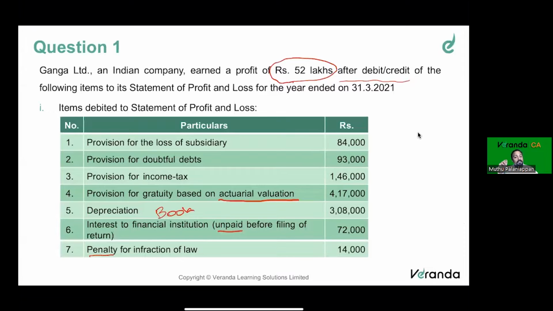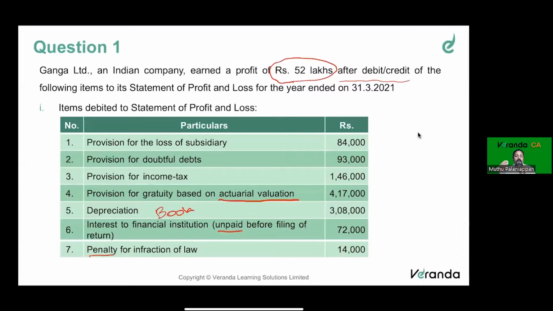We're going to start with the expenditure part of it. The first item is provision for loss of subsidiary. Whether it is allowed or not allowed under section 115 JB: to be precise, provision for loss of subsidiary is not an allowed expenditure. Whatever book profit is relevant to that entity, that is, the particular assessee, alone should be computed.